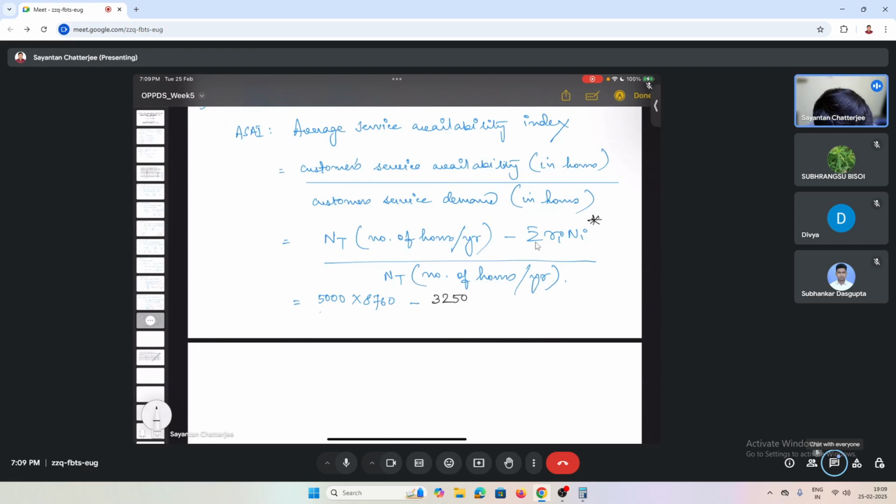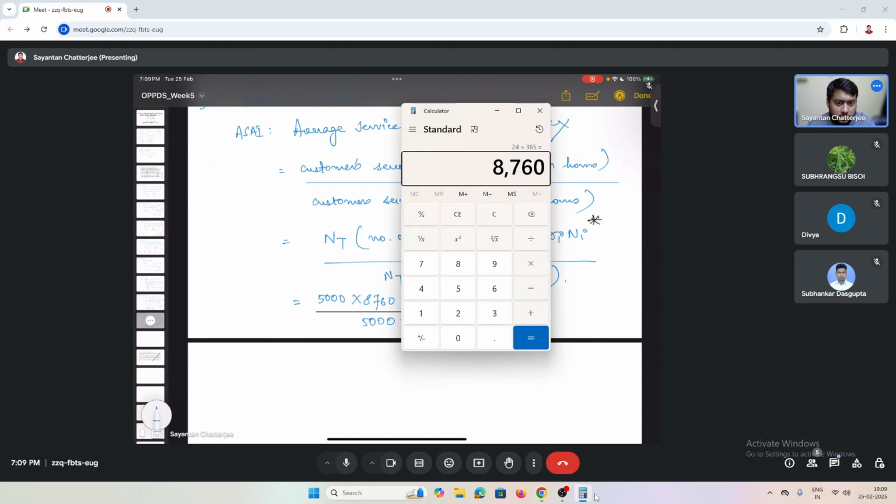And in the denominator, again it will be 5,000 times 8760. The difference in the numerator would be very small. Let me just calculate 5,000 times 8760 minus 3250.